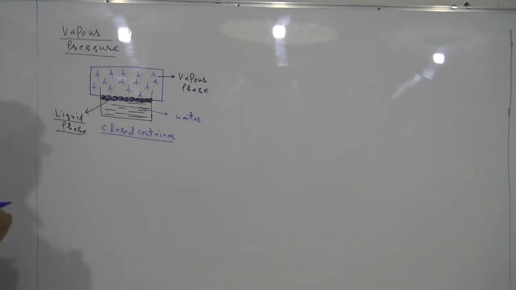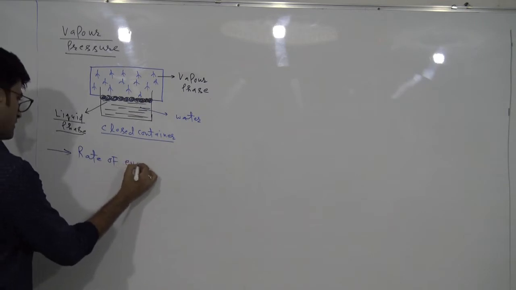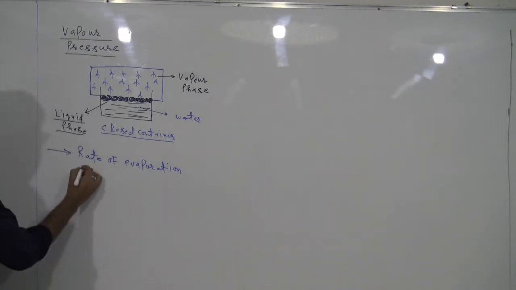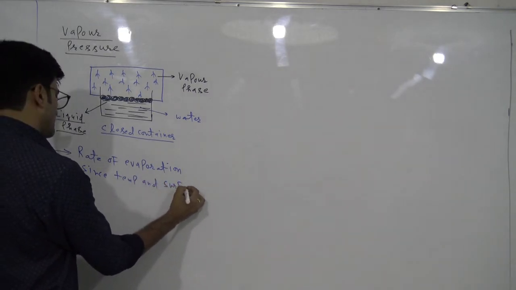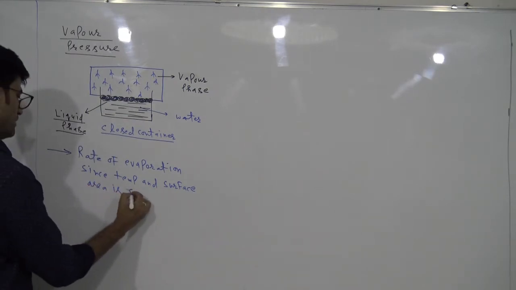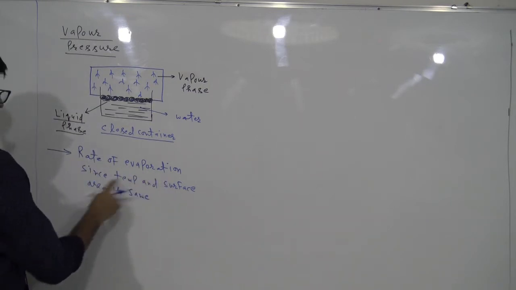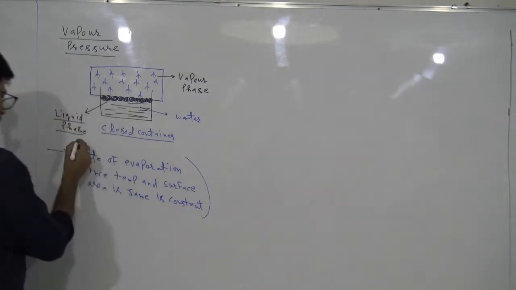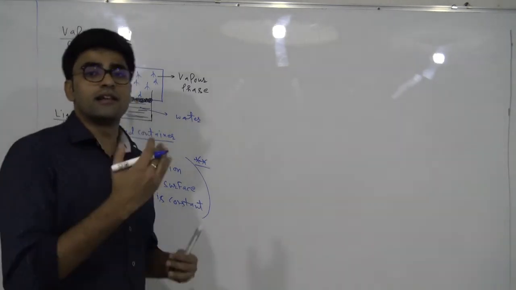So I can say that the rate of evaporation is constant, since temperature and surface area are the same. You know very well that if you increase the temperature, the rate of evaporation will increase, and if you increase the surface area, the rate of evaporation will increase.